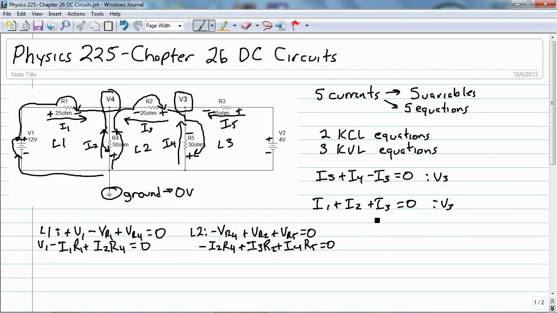And for my last loop, L3, again, start at my ground.